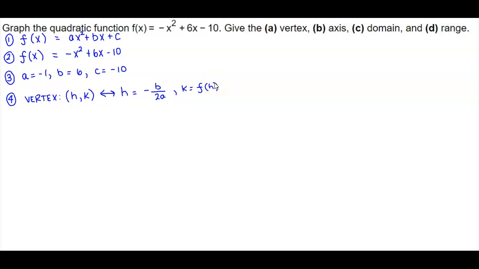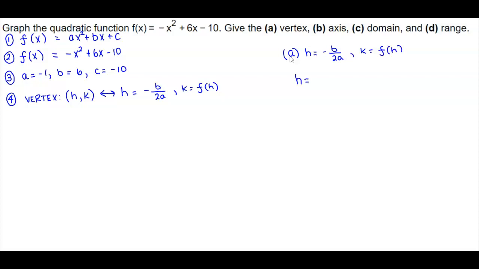So let's go ahead and figure that out. Step a, we want to find the vertex. So h is equal to negative b over 2a, and k is equal to f of h. Let's first find h.